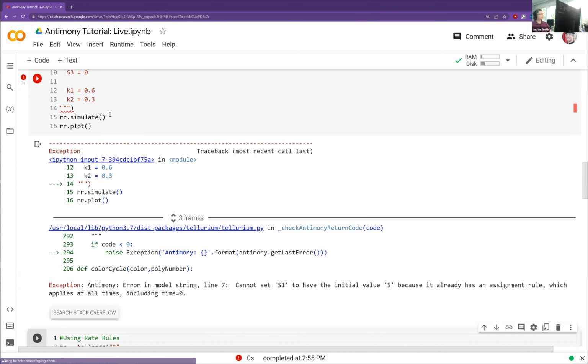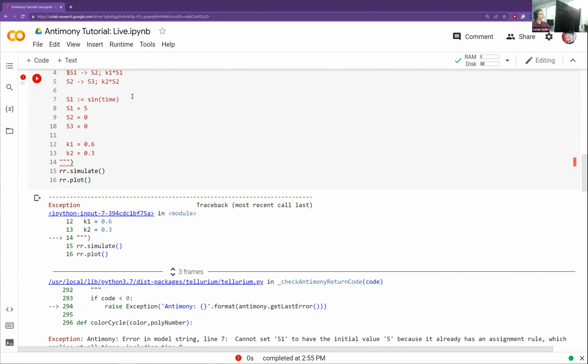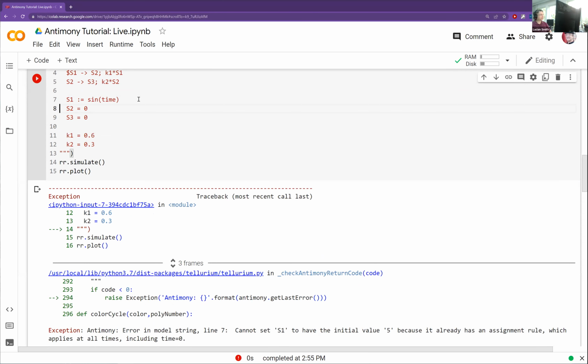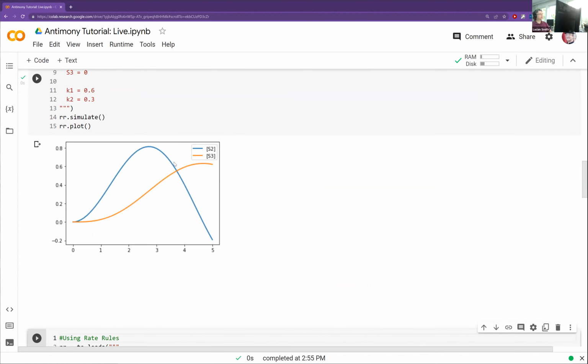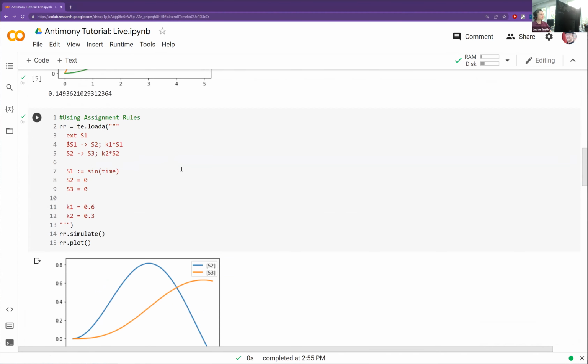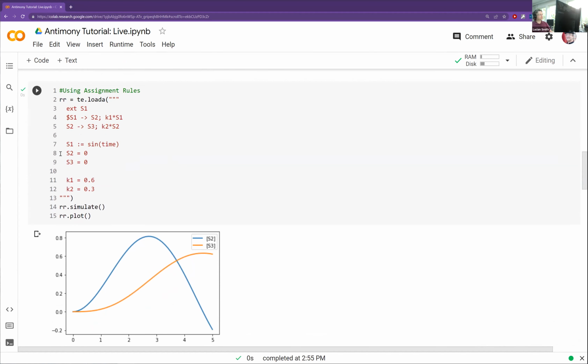If we do this, it doesn't like it. Oh, right, I can't say that it is equal to 5 when I've already said it's equal to time. So there we go. Now S1 is changing and is an external species, varying in time, and when we simulate, we get this.